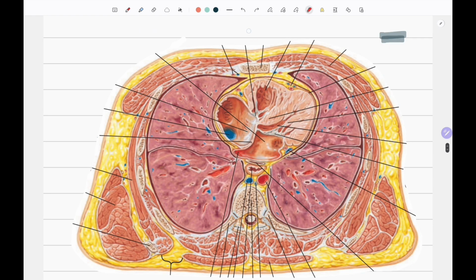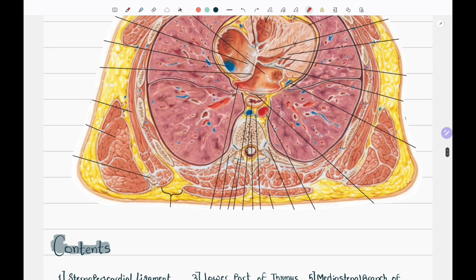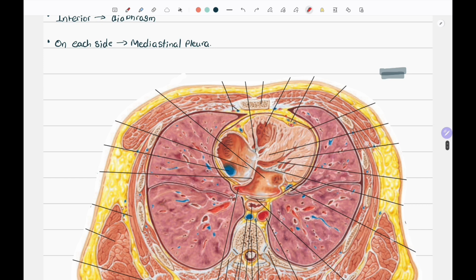This is the anterior side, this is posterior, this is right, and this is left. This one is our heart, these two are lungs, and the space between the lungs is our mediastinum.